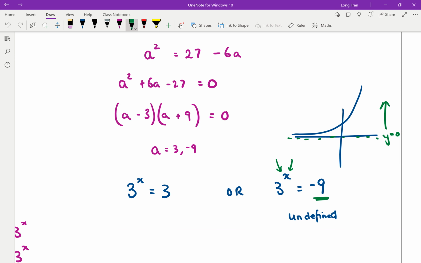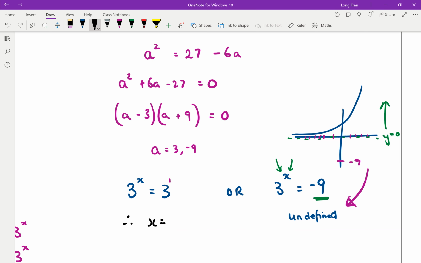No matter what x value you choose, it's always going to be above 0. You don't have the point on the graph where it's in the negative 9 region. So that's why we know this is undefined. And then over here, solving by comparison, we can say therefore x must equal 1.